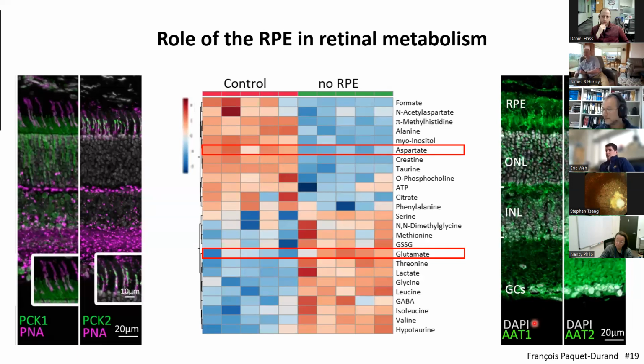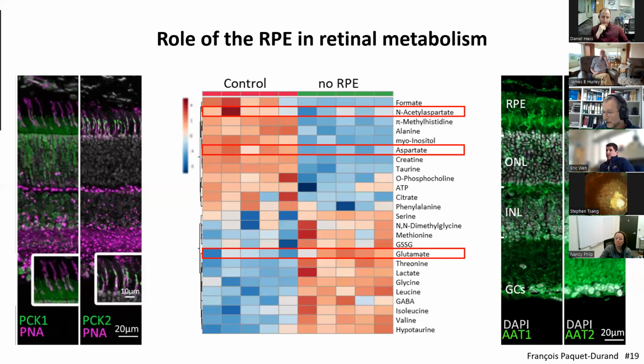So that unfortunately doesn't make it easier. At any rate, AAT1 and AAT2 are both expressed in the retina, and they are both expressed also in photoreceptor inner segments. So they could be used to convert glutamate to aspartate.